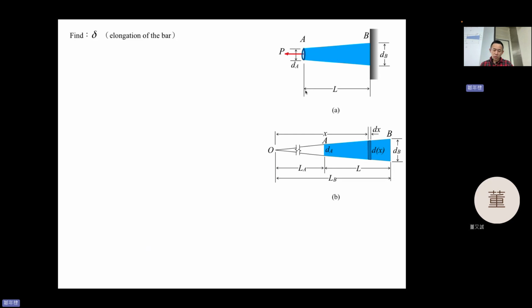The top surface has diameter dA, the bottom surface has diameter dB, and it is fixed on the wall. The diameter in between, we call it a function of x, d(x).